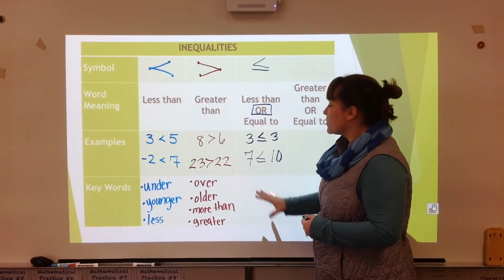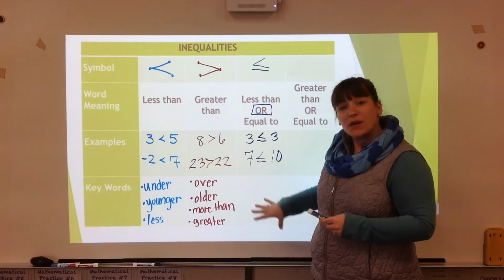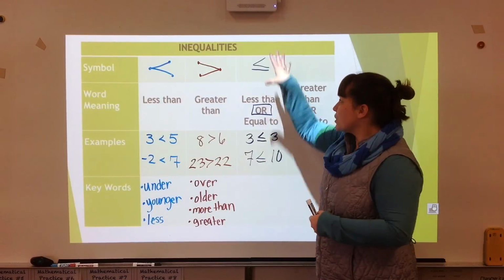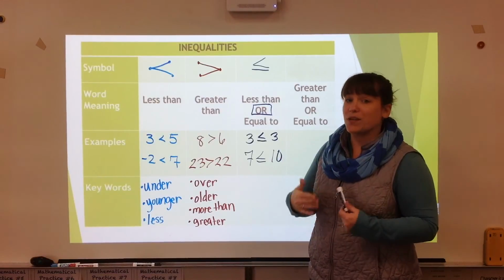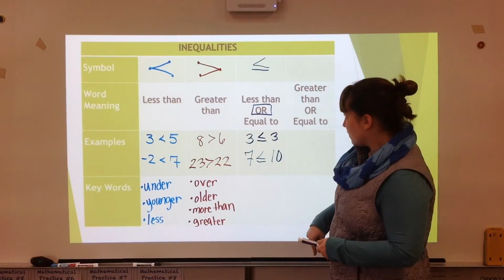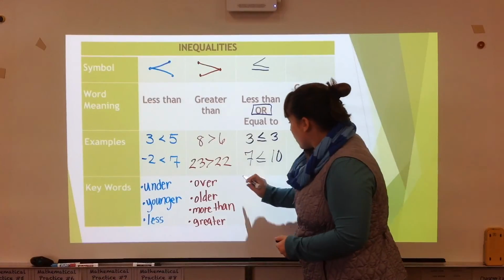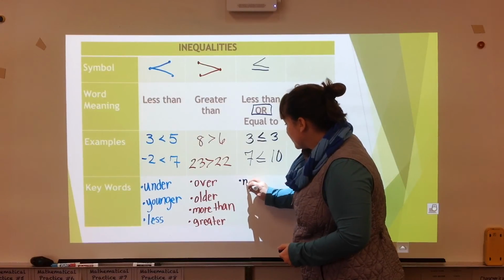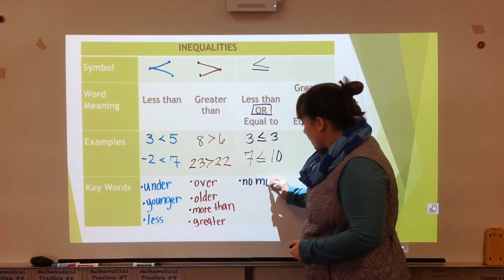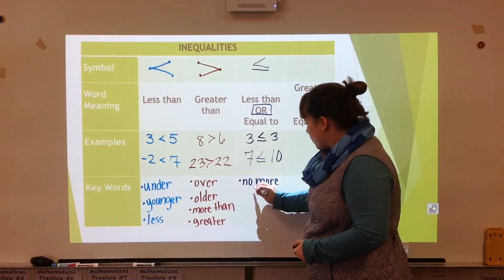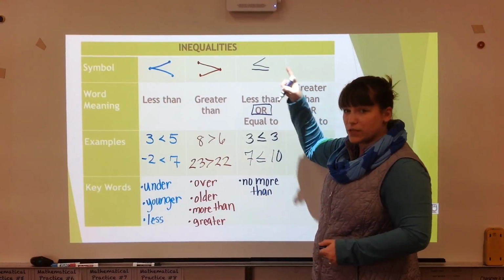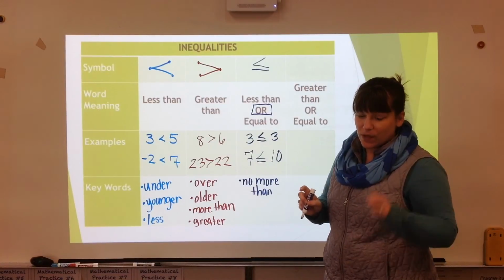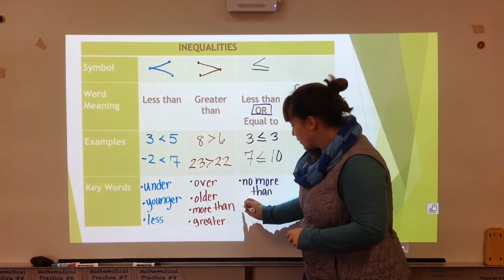So a new concept, and there are some words and phrases that we need to associate or connect with this symbol so that we can know that we have to use that symbol. One phrase is no more than. When you see that phrase, you're going to need to link it to this less than or equal to symbol. I have 2 more just for your space.